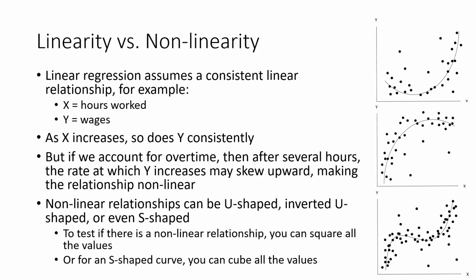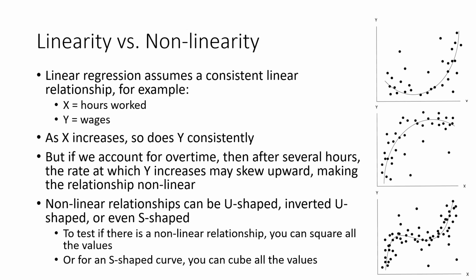I mentioned briefly in part 1 of this lecture series, in chapter 9, lecture 1, that one of the assumptions of regression analysis, both simple regression and multiple regression, is linearity. So linear regression, which is based on the concept of ordinary least squares, assumes a consistent linear relationship between x and y, right?